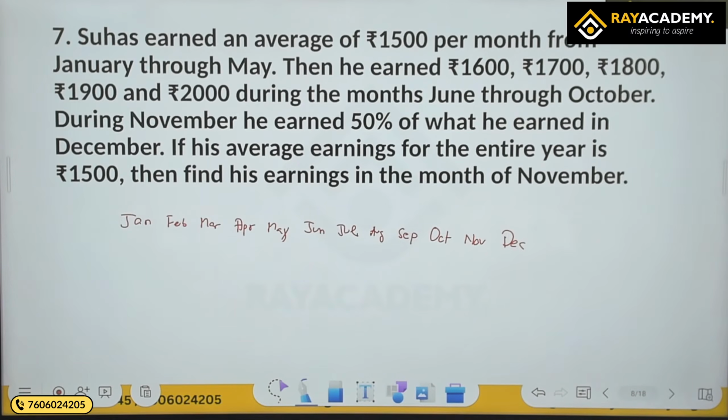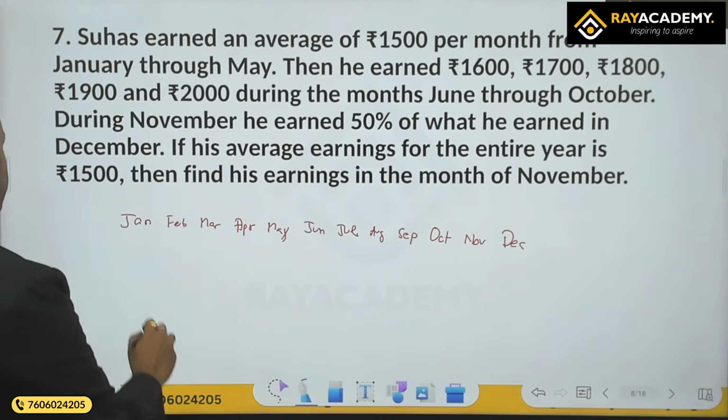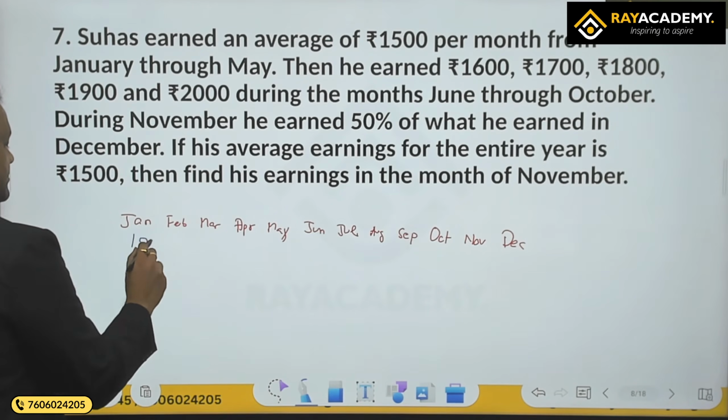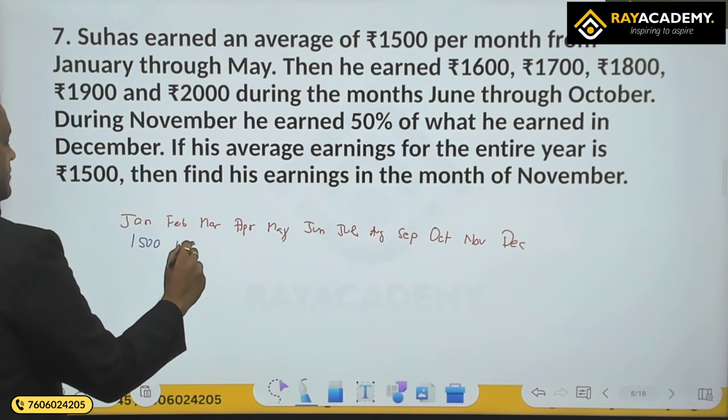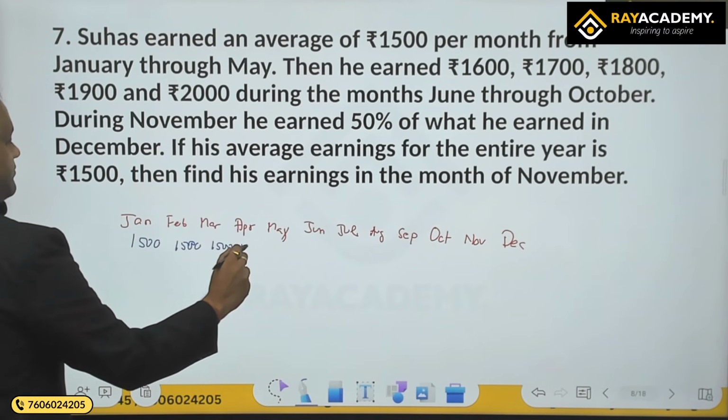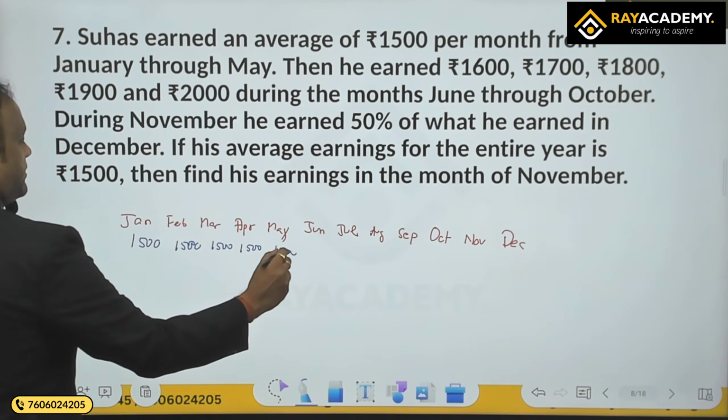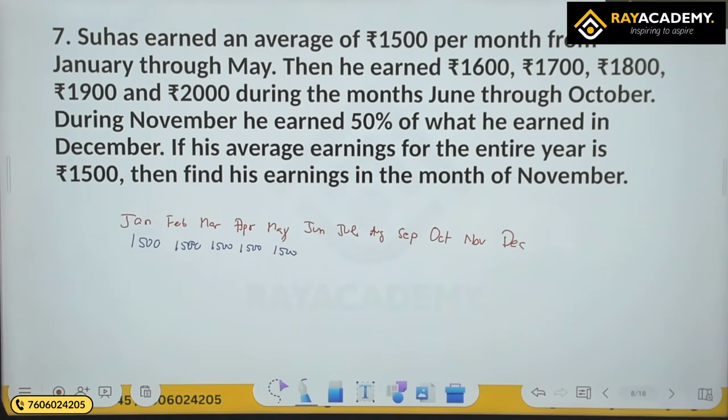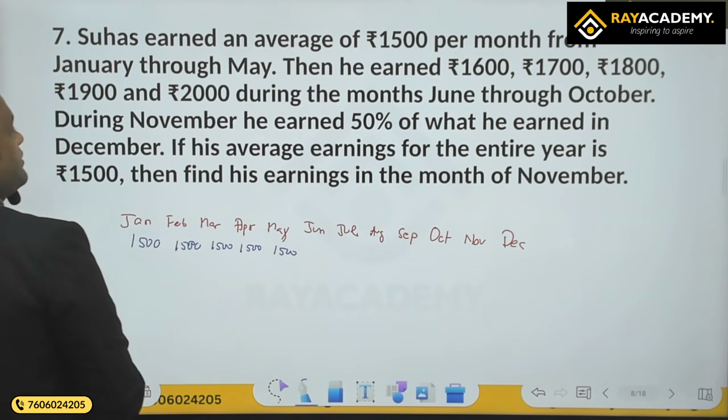Now let us put in that he earned 1500 per month from January through May. So you can just put 1500, 1500, 1500, 1500, 1500. Since it is an average, I can take all those numbers as 1500. No issue.